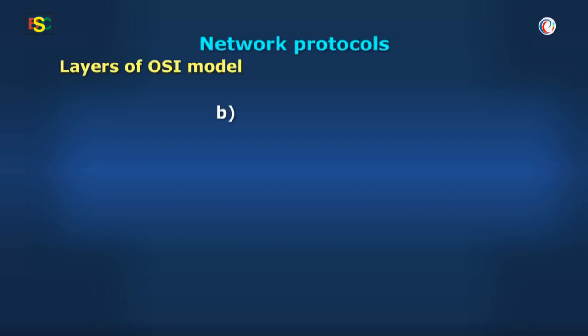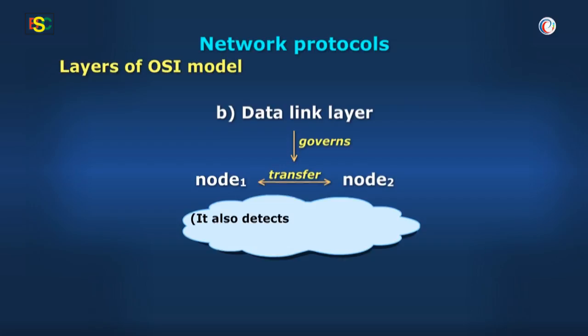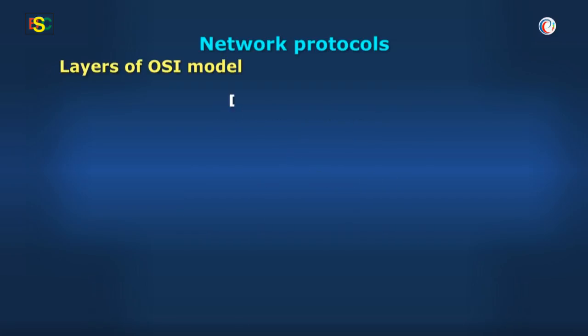B. The second layer is the data link layer. It governs the transfer of data from node to node. It also detects and corrects the errors that may have occurred in the physical layer. The data link layer is further subdivided into 2 layers.